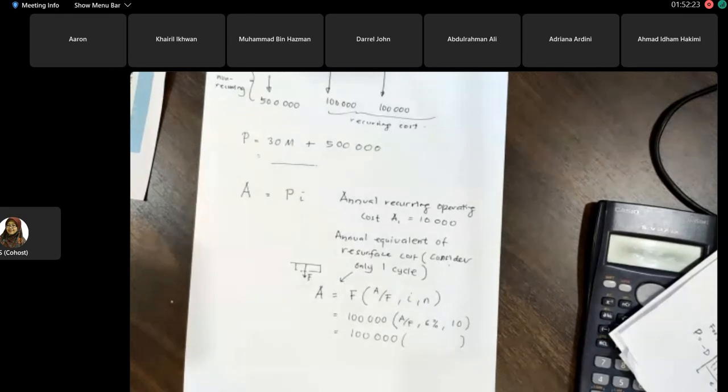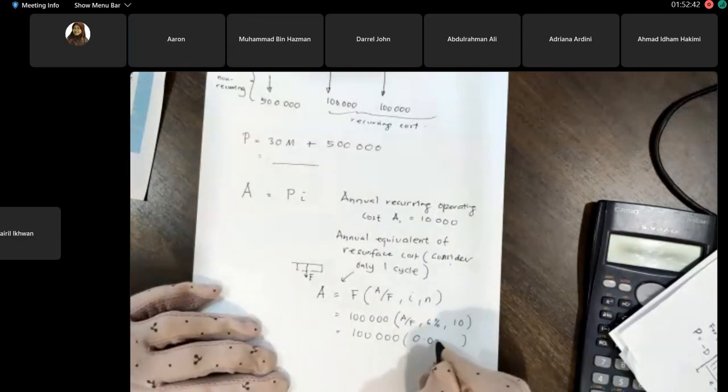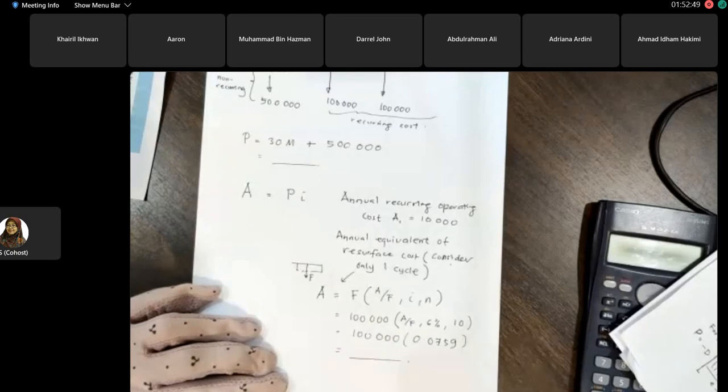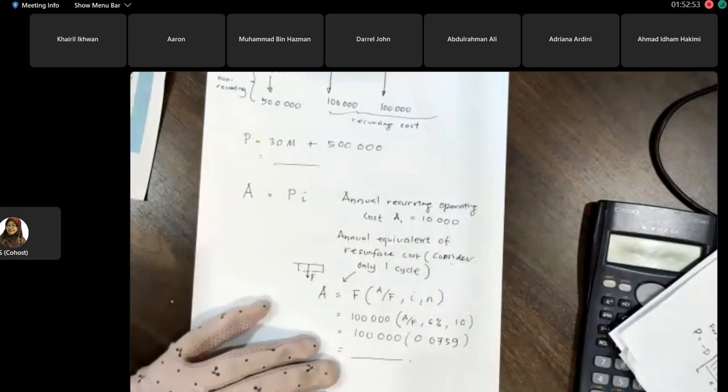Do you have the formula, the table? I have given you in the e-learning. Do you have the table? Yes, Doctor. Okay, try to look at the value. A over F, 0.0759. 0.0759. Correct? Yes. So get the answer here for the A.